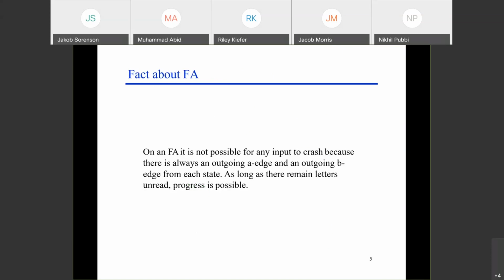Every state should have unique, distinct outgoing edges for the alphabet, A or B, because there is always an outgoing edge A and an outgoing edge B from each state. As long as there remain unread letters, progress is possible. Whereas this is not the case with TG.